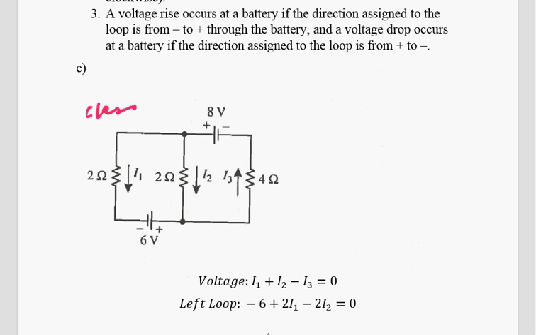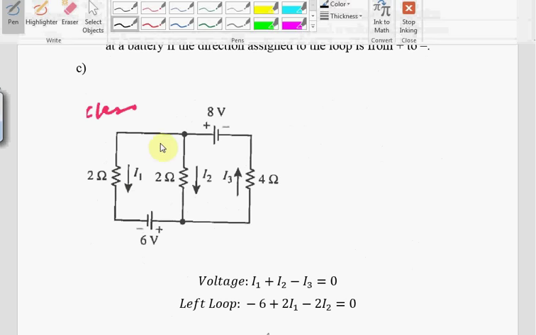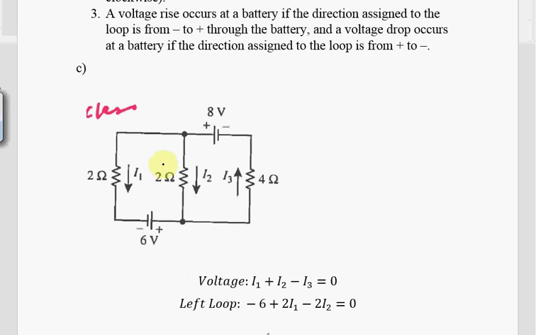So if you take the left loop, you can look at the node if you want, but I'm just going to take the whole loop itself, and so I'm going clockwise. I'm going in that direction, and the same thing for the right loop, and then the same idea for the entire loop itself. But let's start with the left loop.